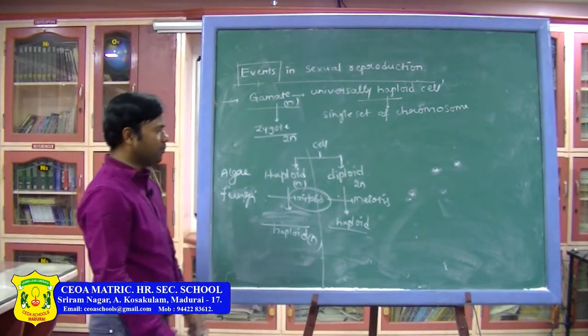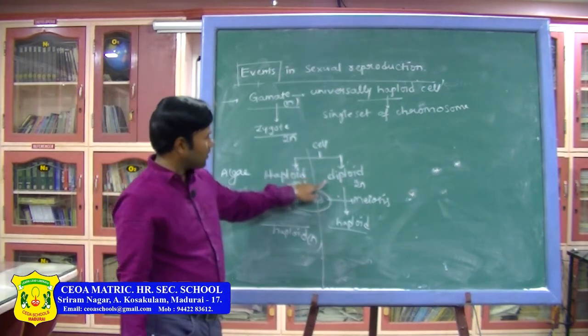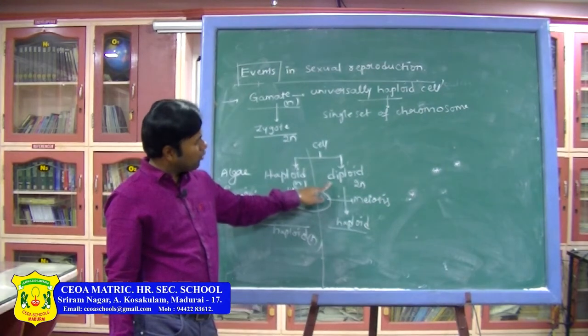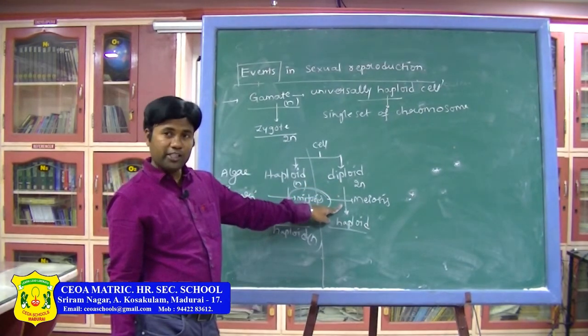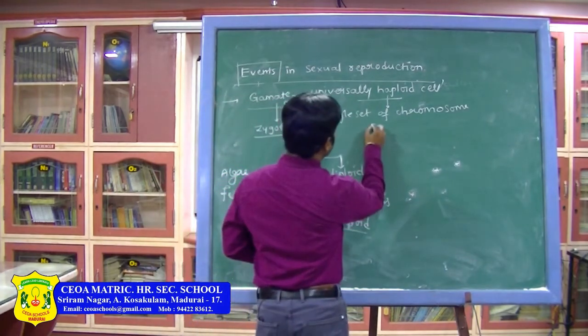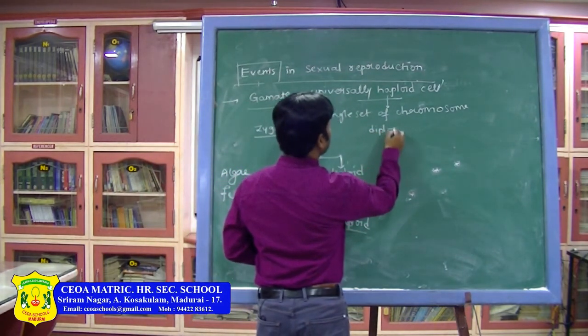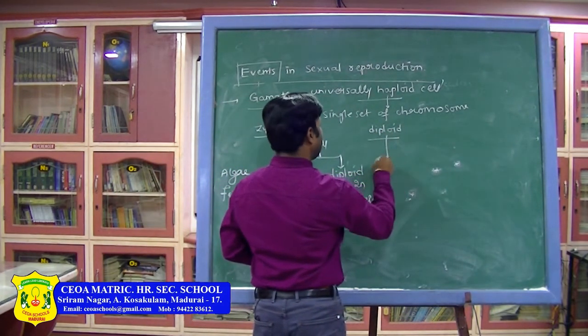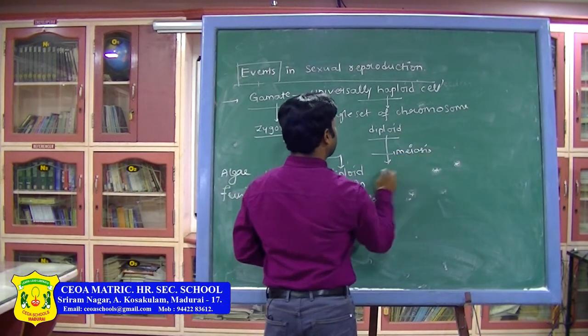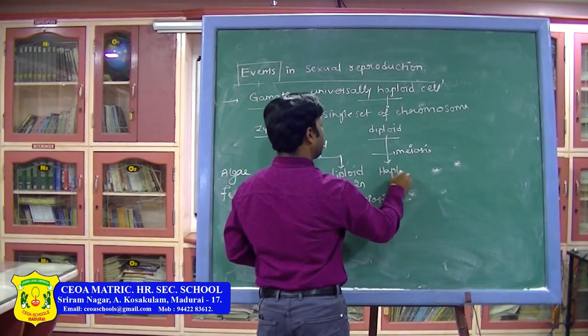And also here, a diploid cell, 2n cell, is going to perform meiosis. So now a diploid cell is there. For example, it undergoes meiosis. Then what are you getting? A haploid cell we are getting.